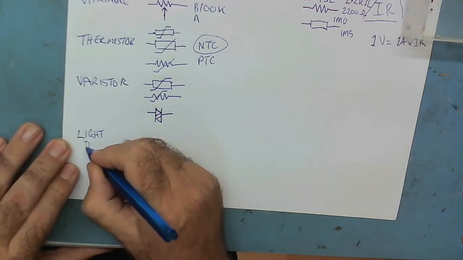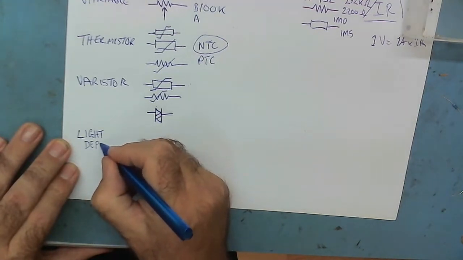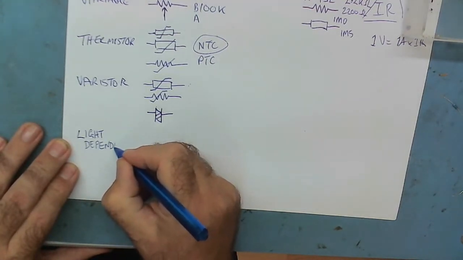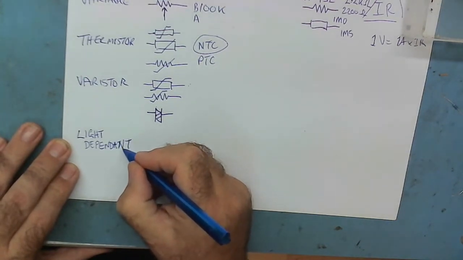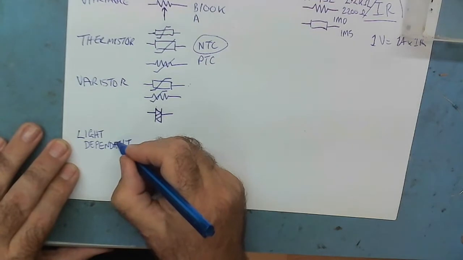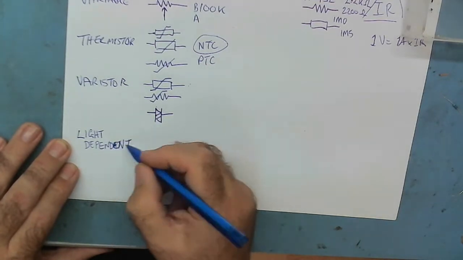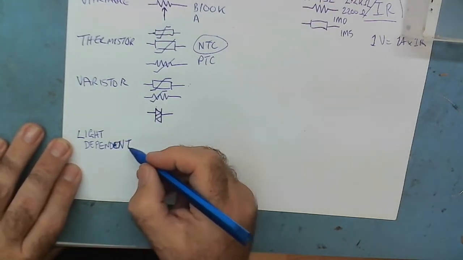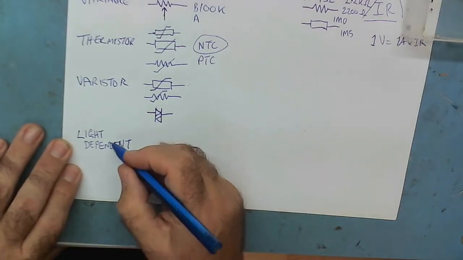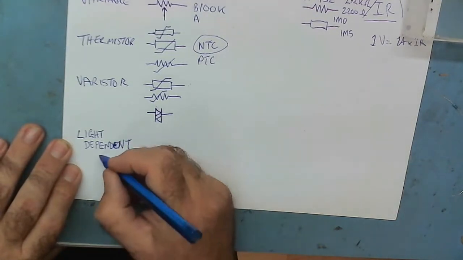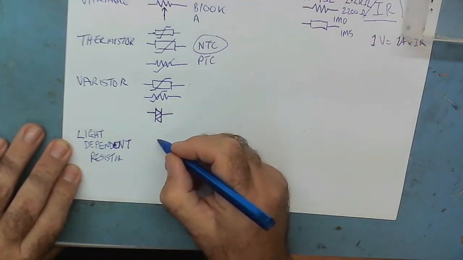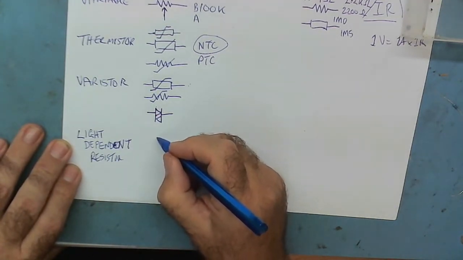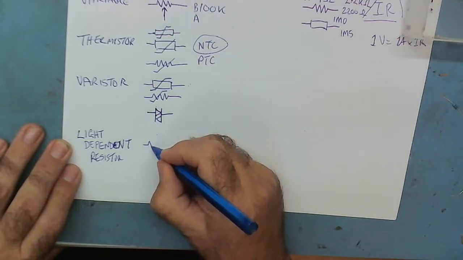I used to see these a bit more in the 70s and 80s, but the only time I've seen these is in the electronics kits that you can buy for kids or adults who want to learn electronics. The symbol for this one, we can draw it this way.